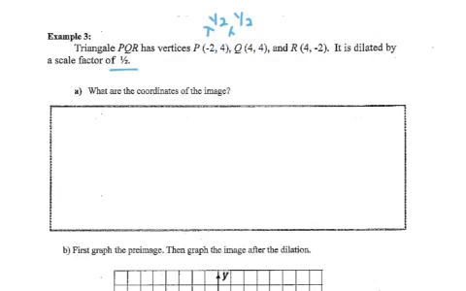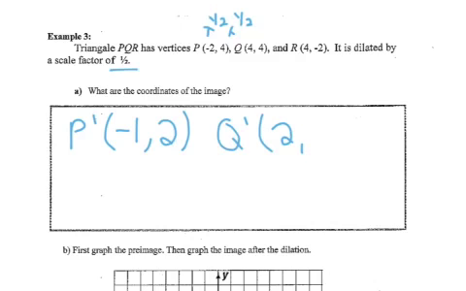But every single x and y value you are multiplying by 1/2 or 0.5. So P prime, negative 2 times 1/2 is negative 1. 4 times 1/2 is 2. Q prime, 4 times 1/2 is 2, and once again 4 times 1/2 is 2. R prime, 4 times 1/2 is 2, and negative 2 times 1/2 would be negative 1.